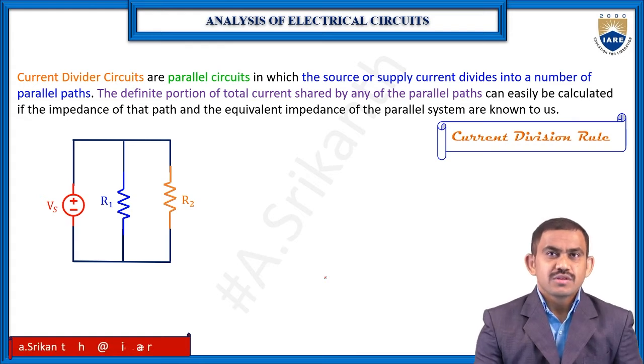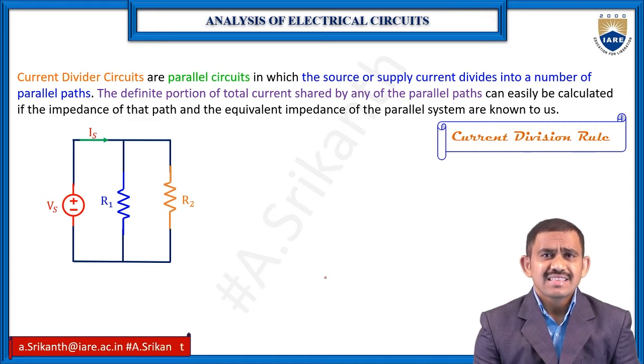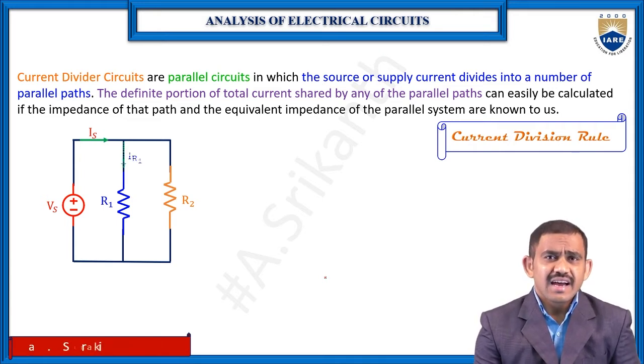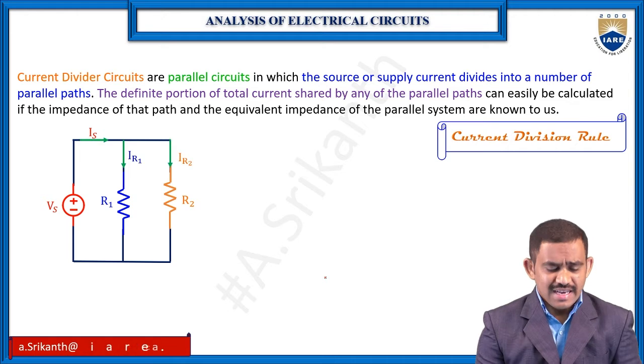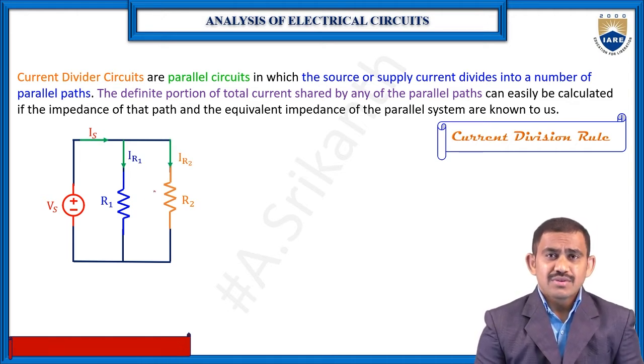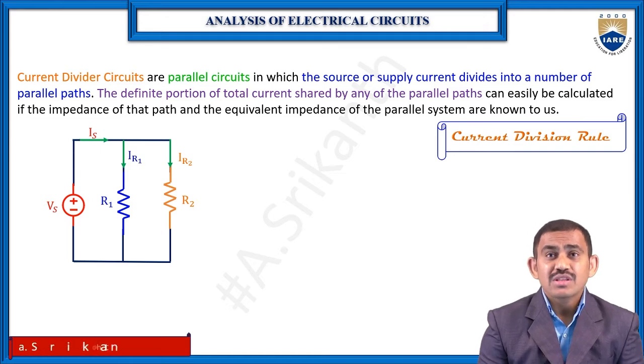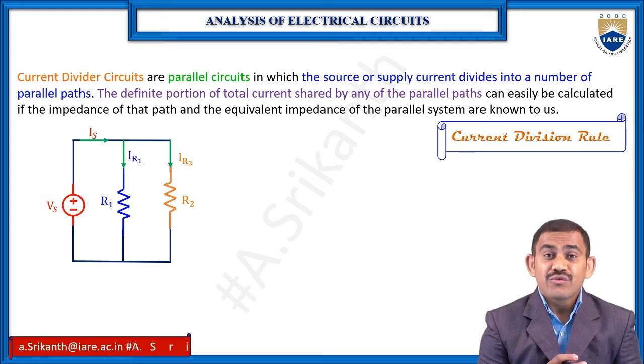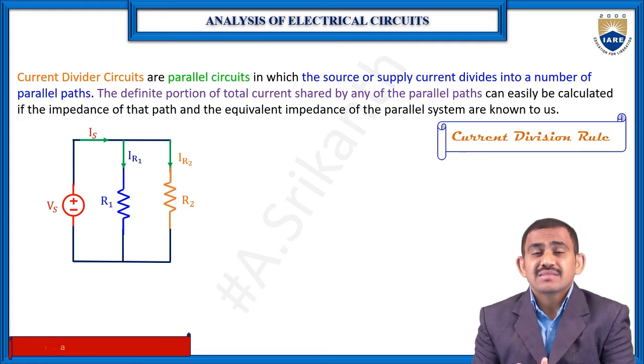Now suppose your source current is Is. Then the R1 current is IR1 and the R2 current is IR2. If I know the Is value, that means the source current value, we can find out the parallel path currents.